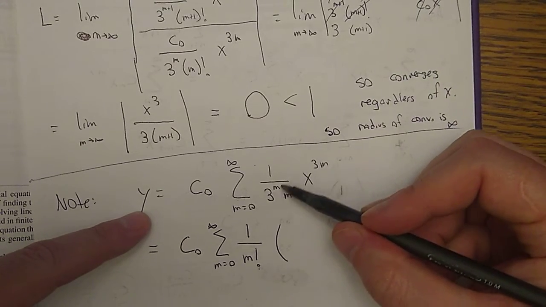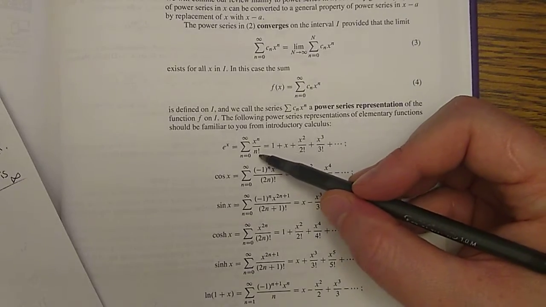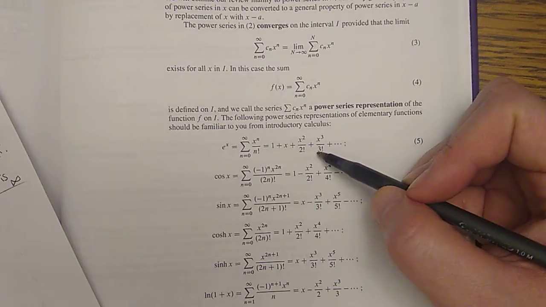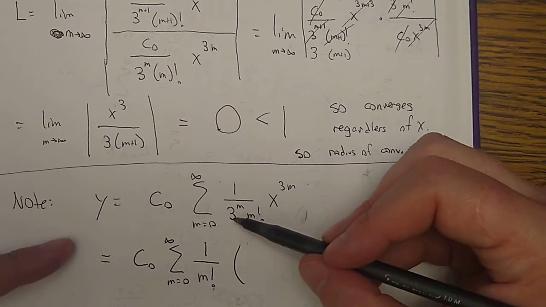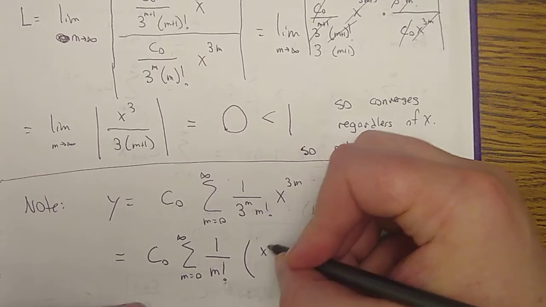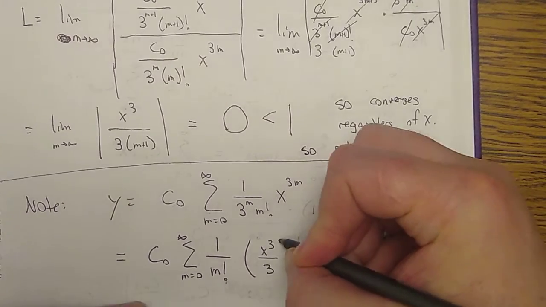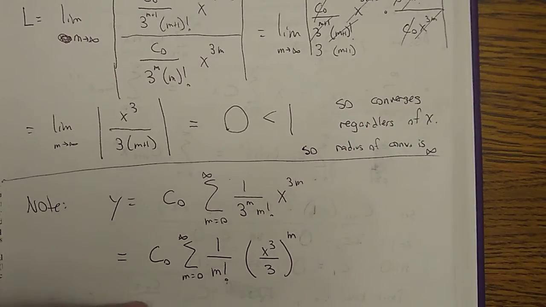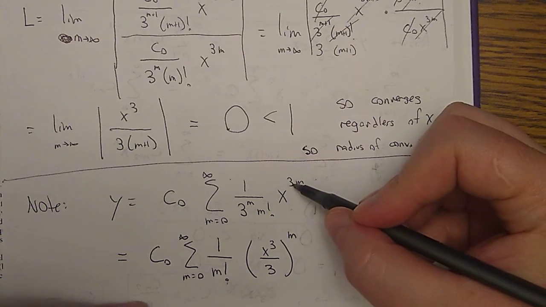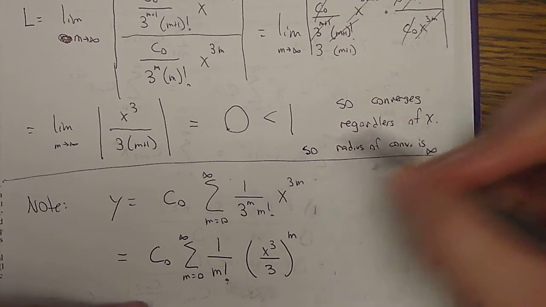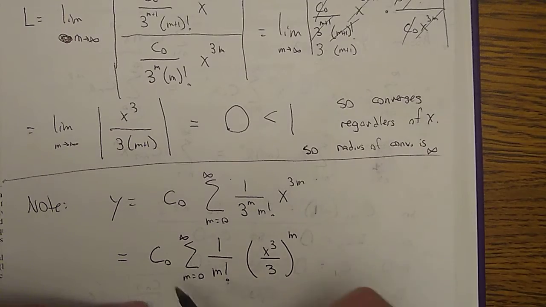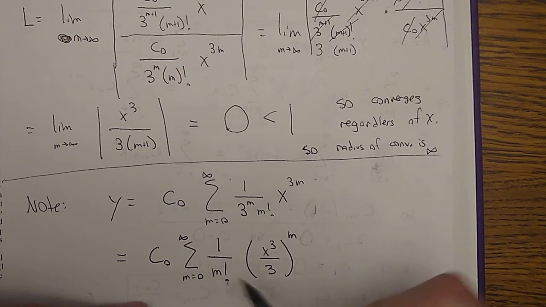About this 3 to the m in the bottom, this is bothering me because there's no 3 to the m anywhere in here. But I can take this and put it with the x like that, because this is like x cubed to the m and this is like 3 to the m. And now this is looking a lot more familiar.